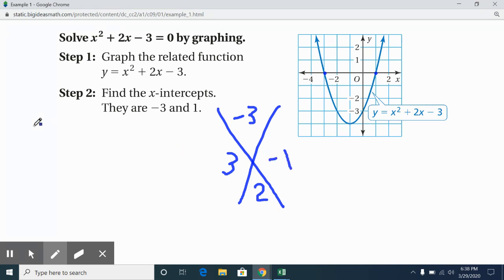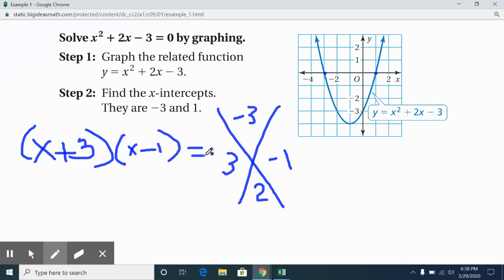And we'd go x plus 3 and x minus 1 equal 0, right? And then we'd say, what then makes this expression equal 0, and what makes this expression equal 0? -3 would make the first one equal 0, or +1, right?